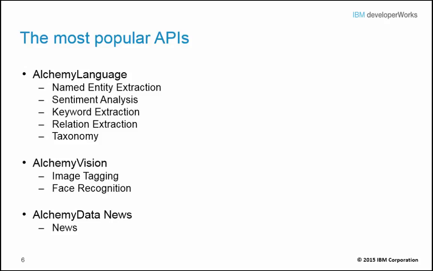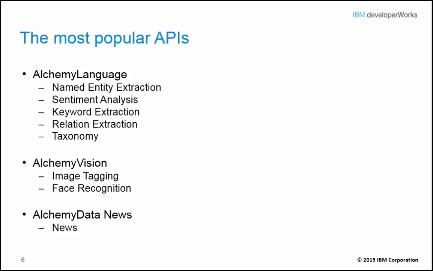Image tagging and face recognition are very popular Alchemy Vision APIs. News API gives you access to a relevant, curated dataset of news and blogs that has already been enriched with artificial intelligence.